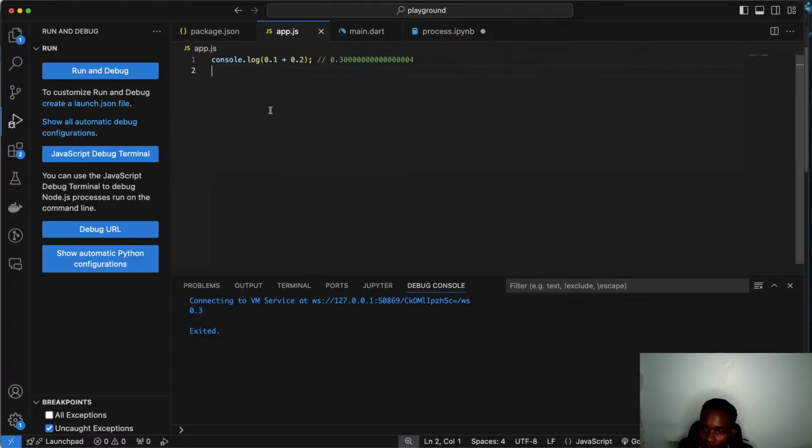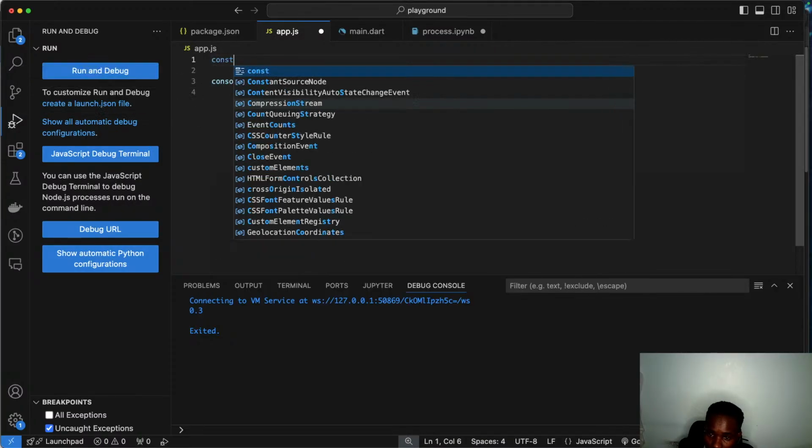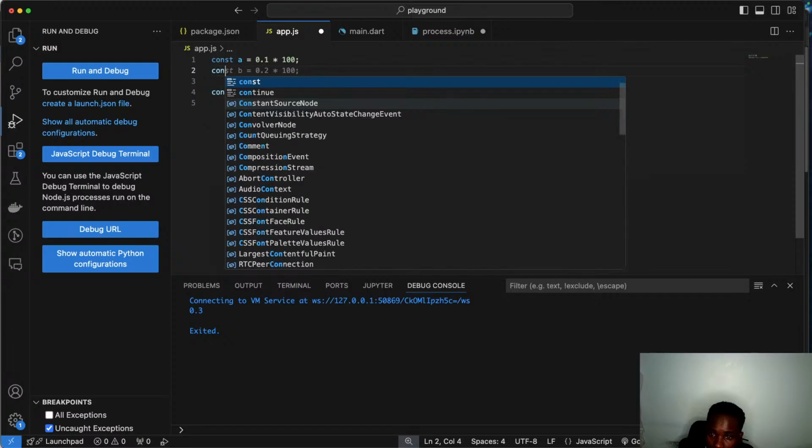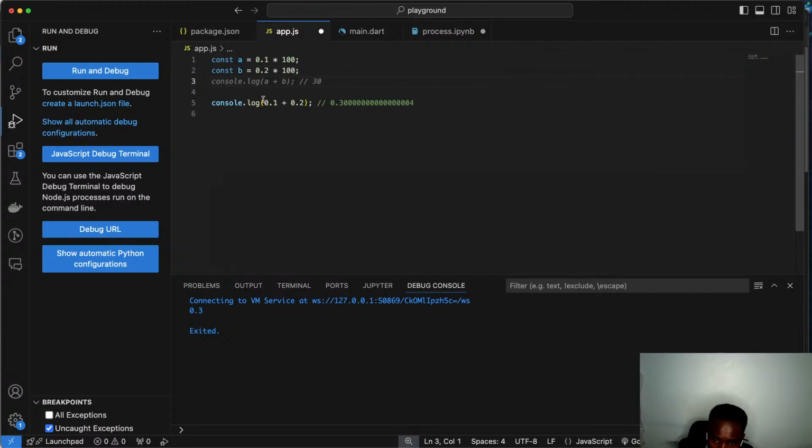Now for JavaScript, b plus, c equals a plus b.